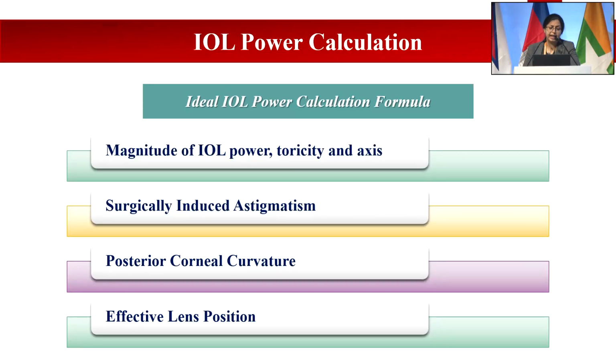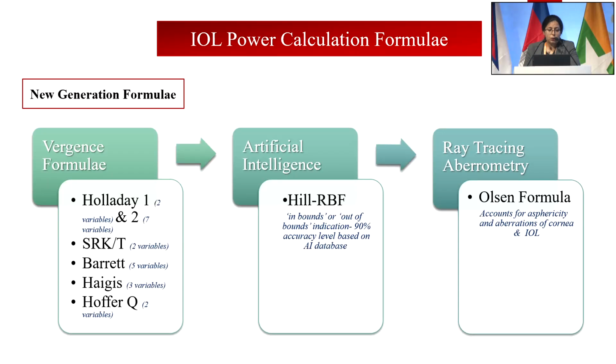So an ideal IOL power calculation formula should give you the magnitude of power, toricity and axis, take into account the surgically induced astigmatism and posterior corneal curvature, and also account for the effective lens position. So the newer generation formulae are to be preferred. We have moved beyond the SRK formula.